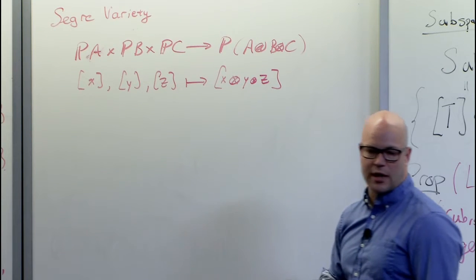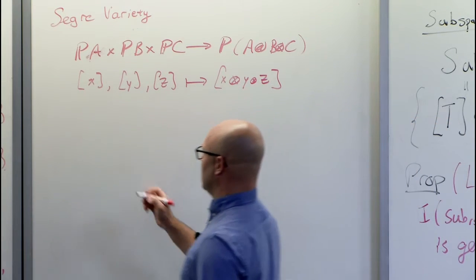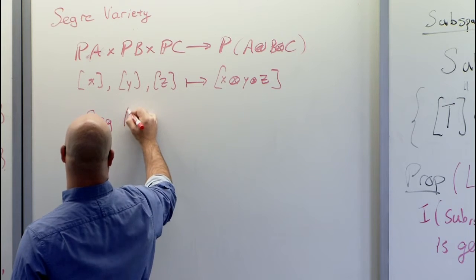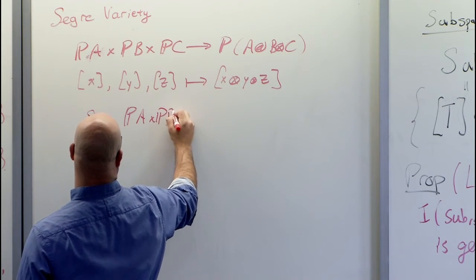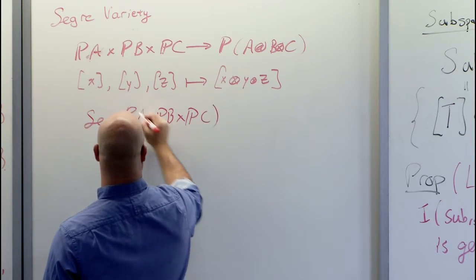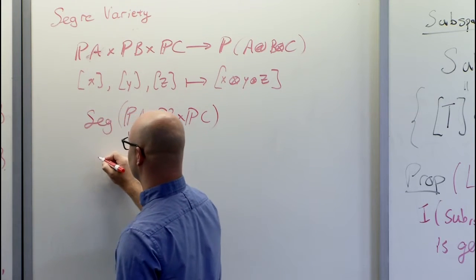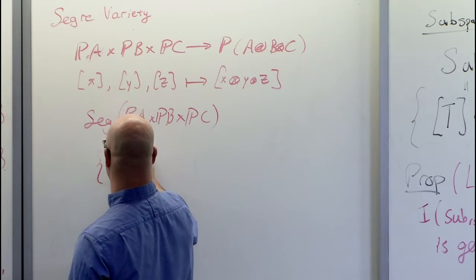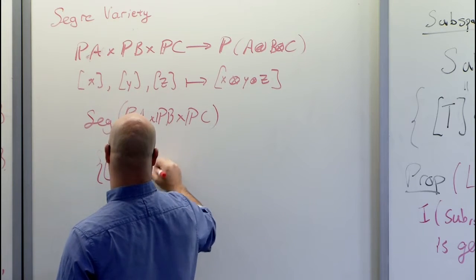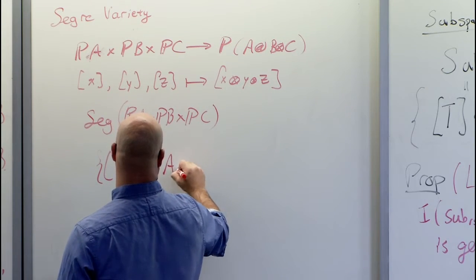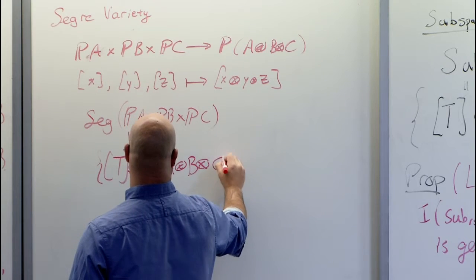Okay, so the Segre product is the image of this map. We'll just denote it Segre of PA cross PB cross PC. And it's also equal to the tensors that have rank 1.